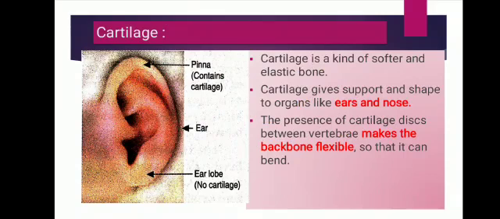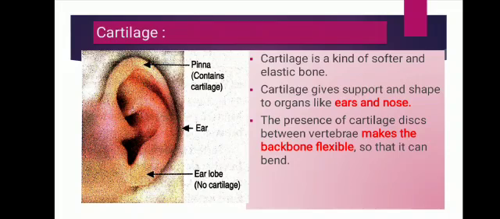Now about the ear. The upper part of our ear is called the pinna and the lower part is called the earlobe. See in the diagram, it is given about pinna and earlobe. If we press the pinna of our ear and the earlobe between our fingers turn by turn, we will find that the pinna is harder than the earlobe.